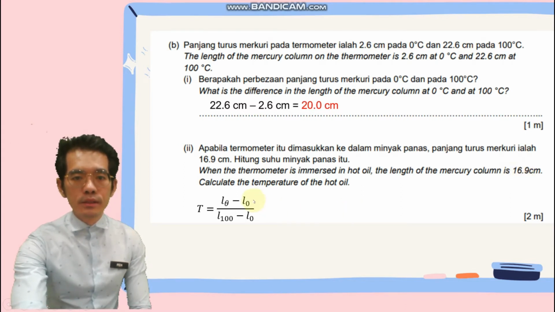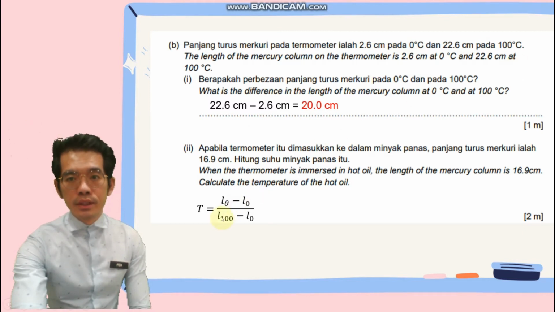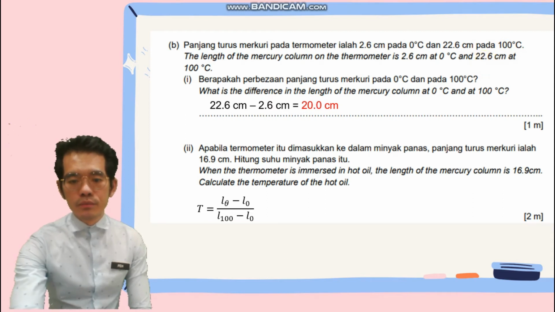And L naught will be the length of the mercury column at 0 degrees Celsius, which is 2.6 cm, as already mentioned in question B1. And L100 is the length of the mercury column on the thermometer at steam point, which is 22.6.